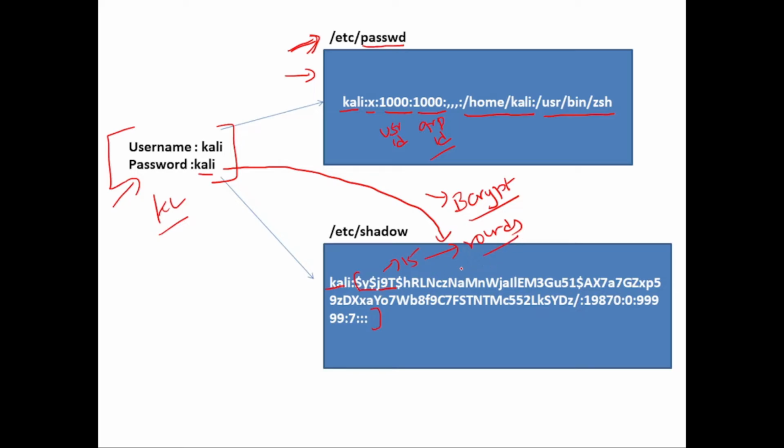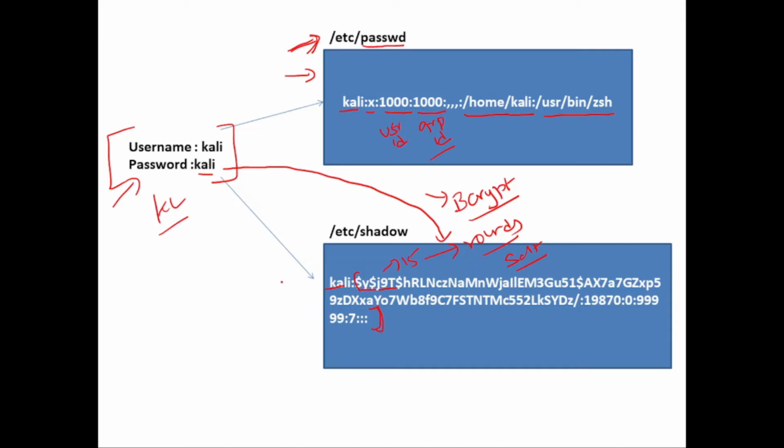So it's a variable length scheme: based on the number of rounds, the length of the hash value differs. And it also uses a salt. So bcrypt also uses the salt. Salt is added while you're hashing a specific password to make it more confidential. So this is about the bcrypt strategy that is used in Kali Linux for hashing and storing passwords.